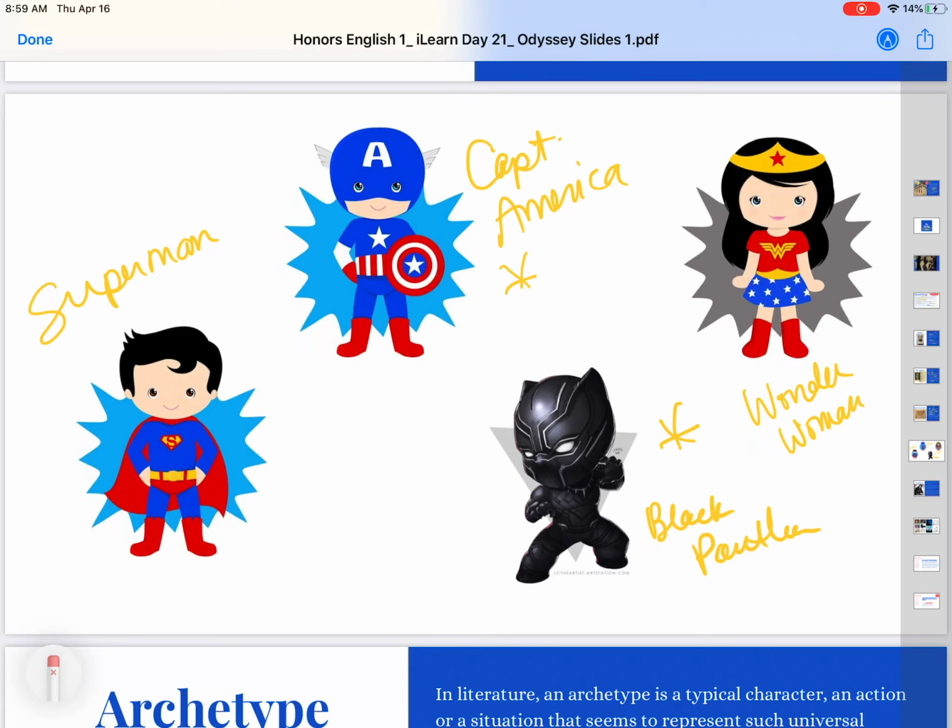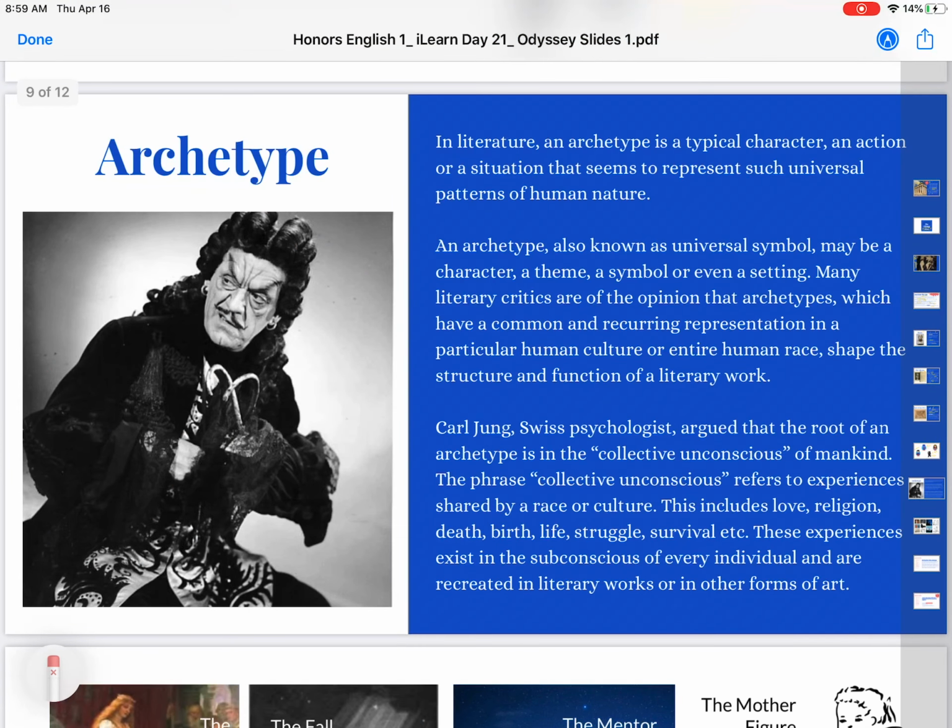And this leads me to my next point. I know you can kind of see the next slide a little bit each time I do this, and that's okay. The archetype. So if you're in my mythology class, or you were last trimester, you kind of know what an archetype is, right?